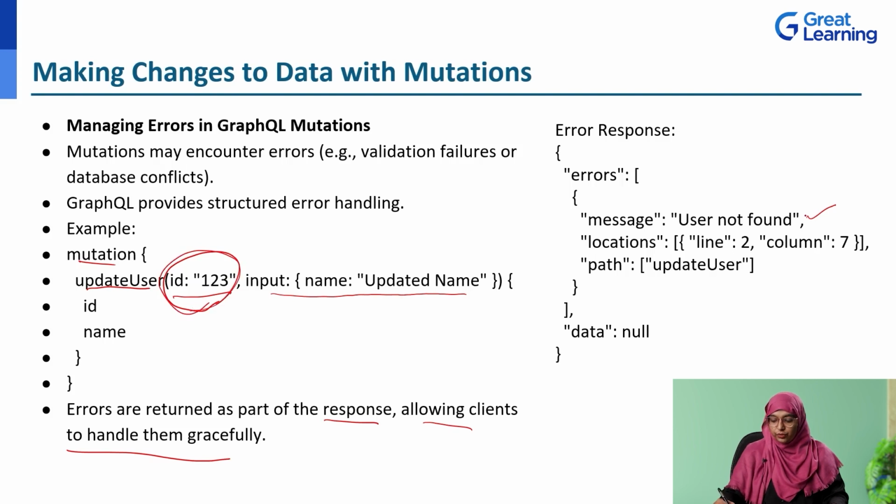So here it gives us an error that the user is not found, and then it gives us the line numbers and the path where the error is, and all that. So your mutations will help you encounter your errors. If you have errors like validation failure or database conflicts, these mutations provide a way of error handling wherein the responses are given in such a way that you will be able to handle those errors.